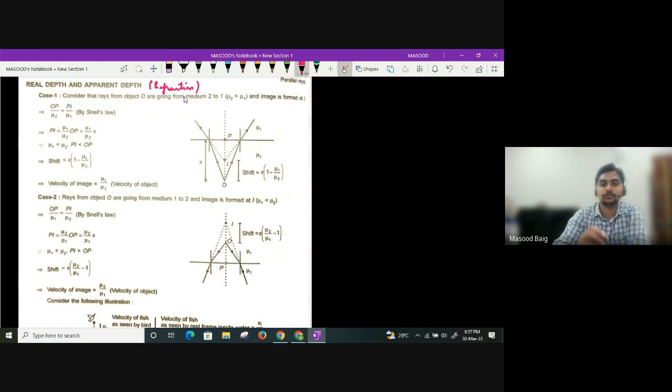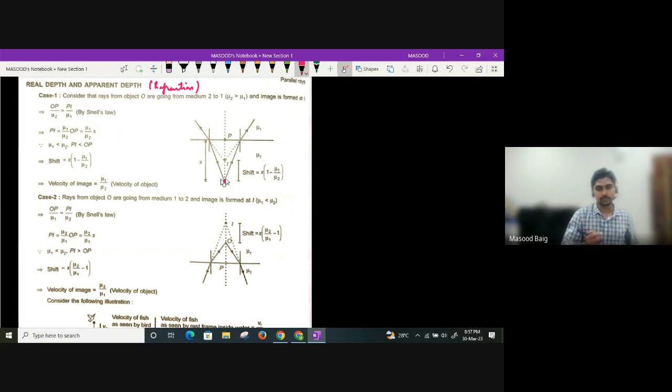Because of refraction, guys. So very simply I'll tell you, if you take an object, it is present in which medium? Denser medium, guys. If an object is present in denser medium, what is going to happen?